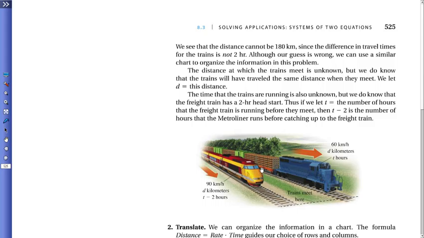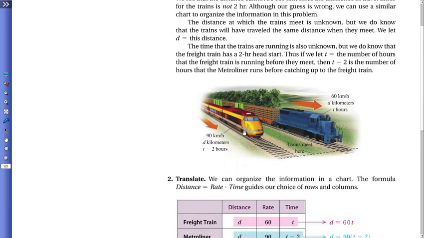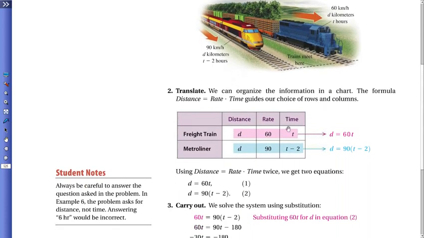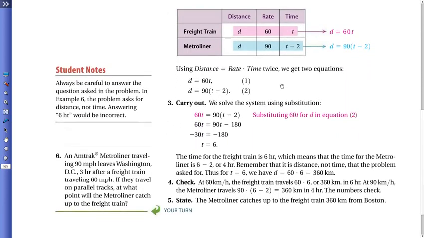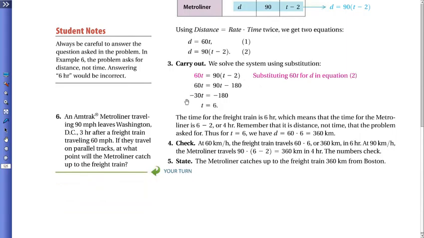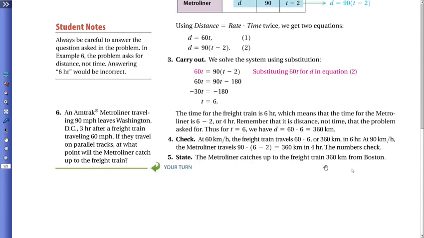And you'd say 6 hours. Or you could have asked, how long did the Metroliner actually travel to catch the freight train, which would be 4 hours. So you could have the question come out in a lot of different ways, even though you did all the right steps to solve this. Make sure you answer the question that was asked.